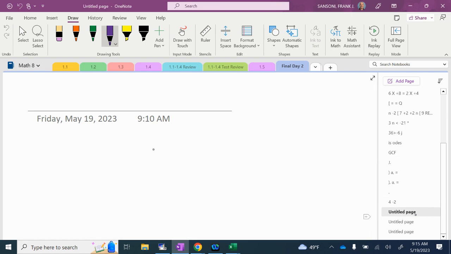Number 43, I've got A plus 2/7 equals 3/5. How do I get A by itself? Subtract 2/7.